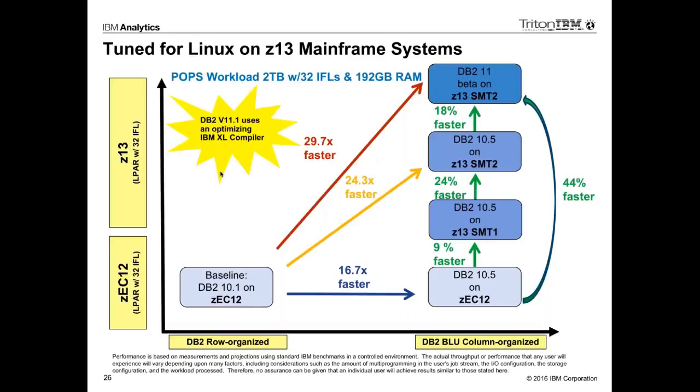So it's kind of like BLU in a hardware environment. But for those customers who want a smaller system and don't necessarily want to bring in a hardware box, they could run a lot of analytics on an IFL running DB2 for Linux with BLU. So again, lots of capabilities on the IFL.